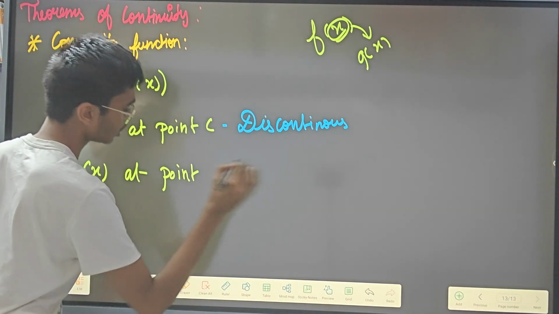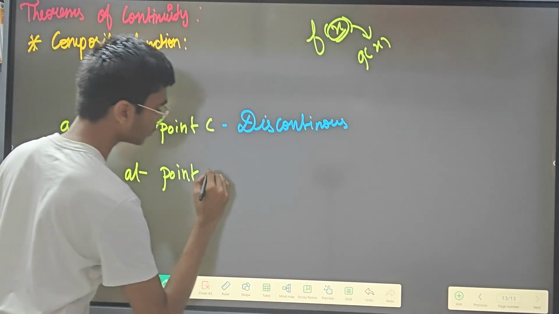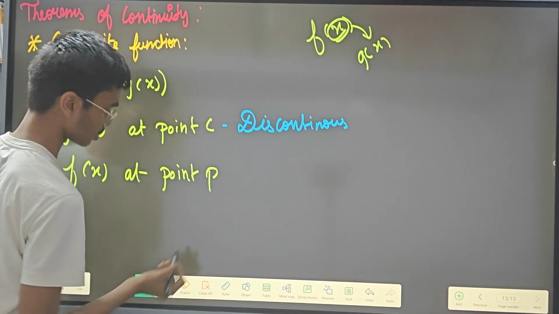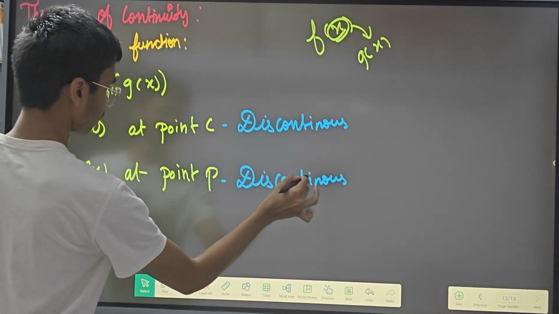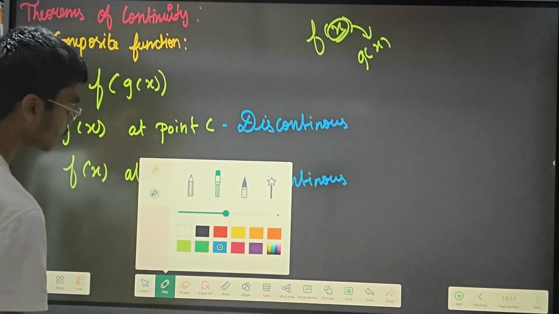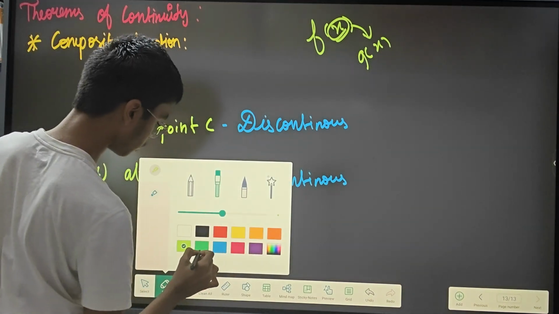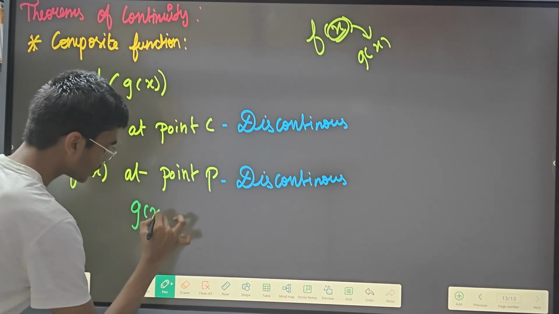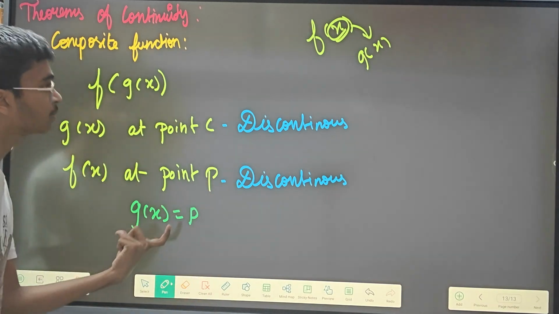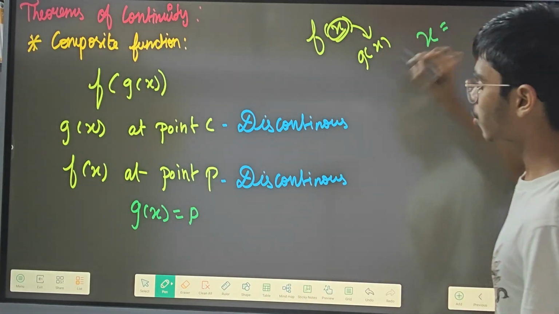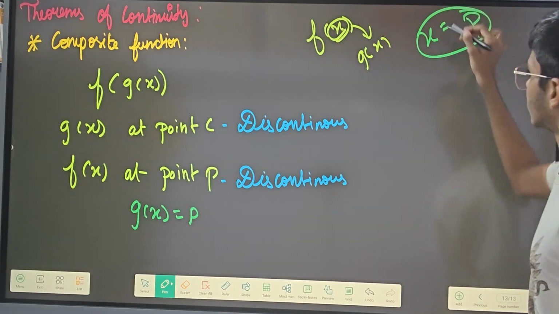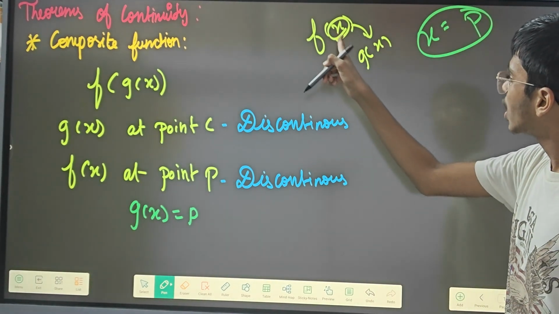point, you can take p, so here it is discontinuous. Then which point will be giving you some trouble? g of x is equal to that particular point p, because when x is at this point p, it is discontinuous.